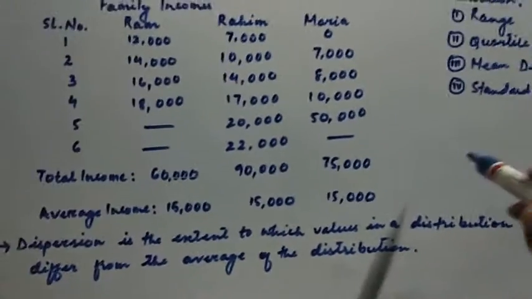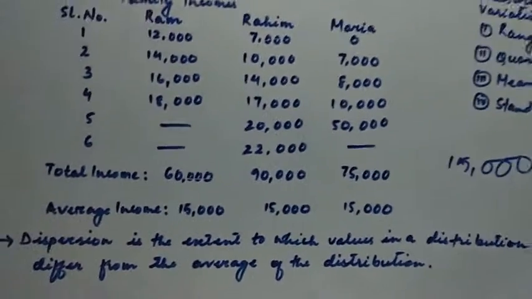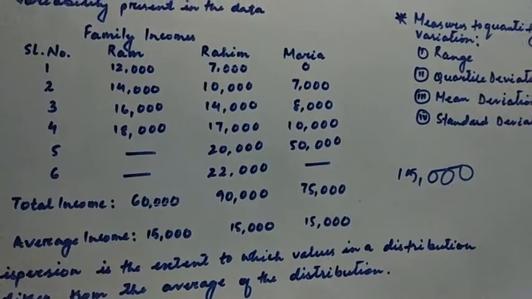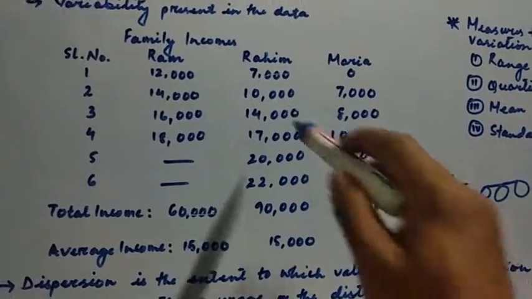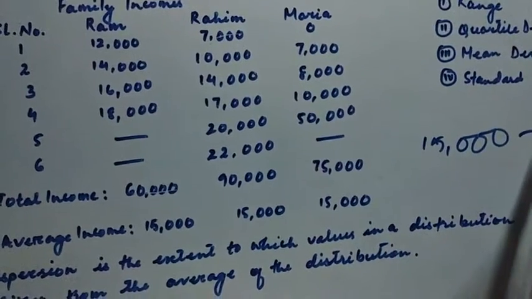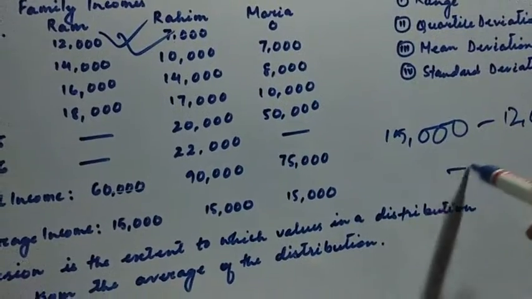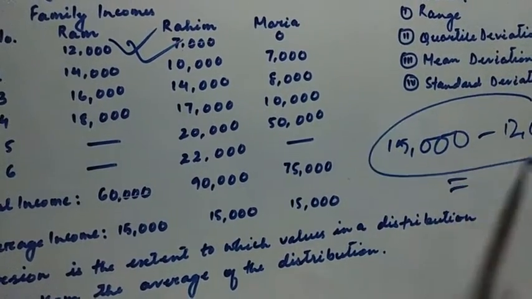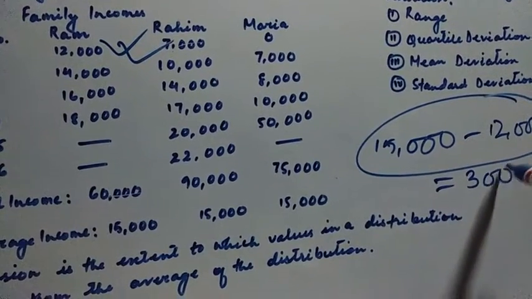Here the average is 15,000. Let us take the difference with the values given here. Let us say 12,000 in Ram's family. When you take this difference, what we get is 3,000.